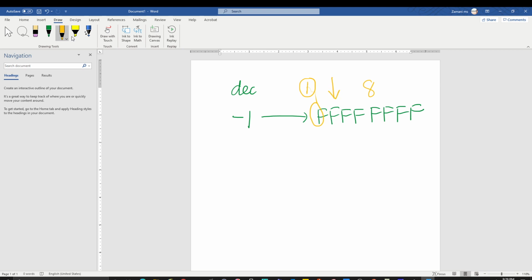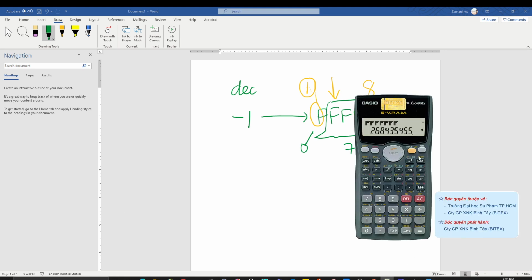That is your calculator saying. So if you put only 7 digits, it means that the MSB will be 0, and then it's going to be a positive number. You can try to look at the location in the calculator for how to do the conversion.